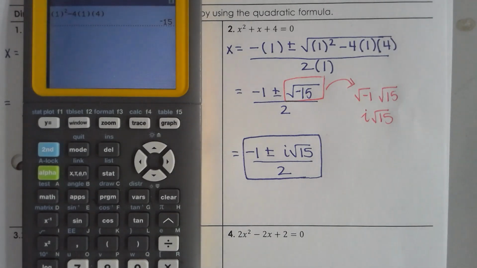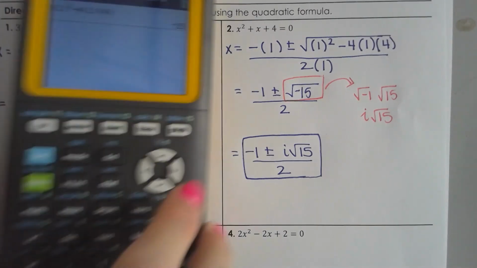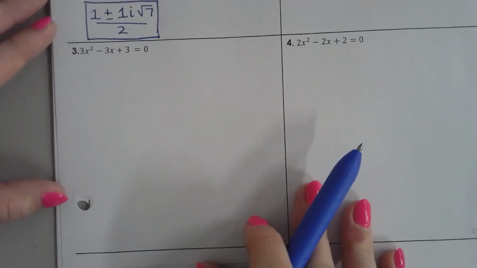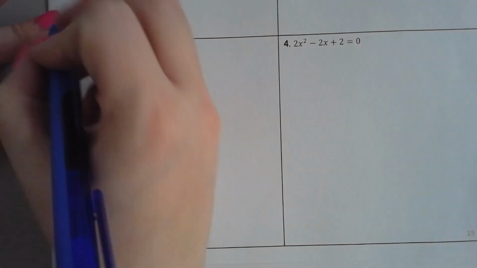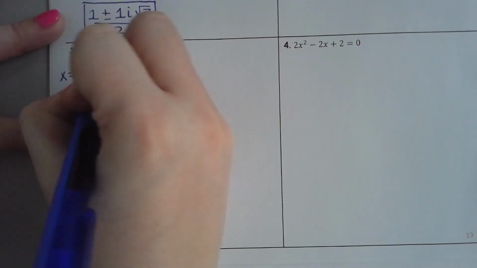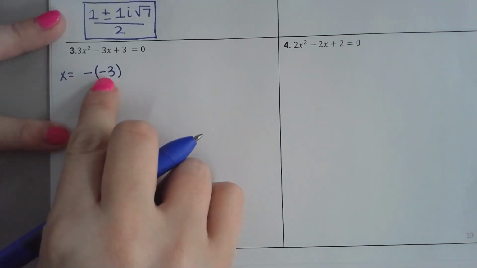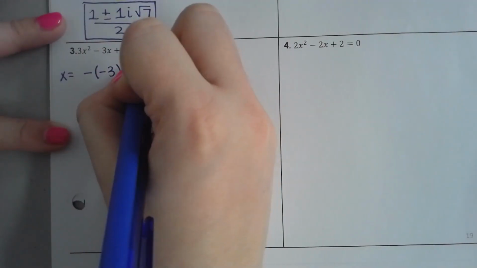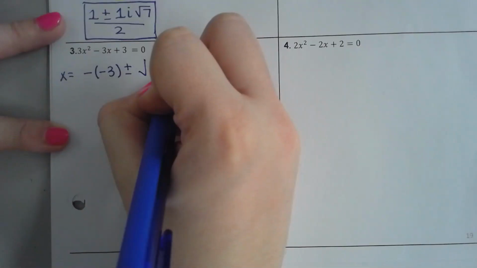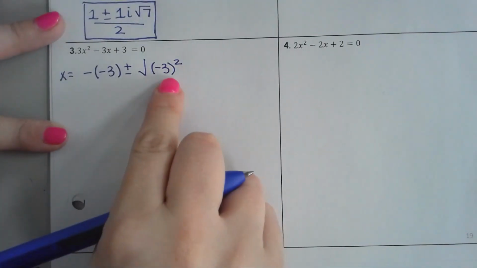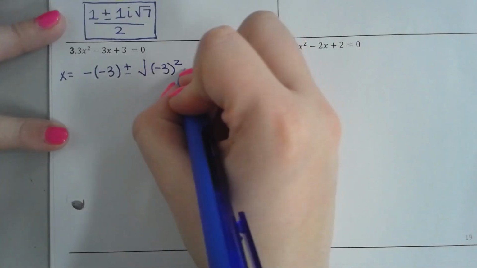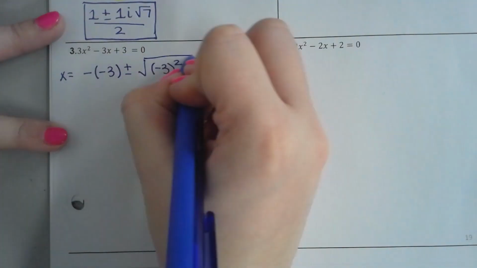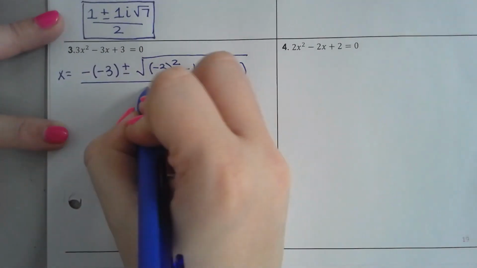Are there any questions? Right. Number 3. Negative, and my b is -3, so we have a double negative here. Plus or minus the square root of b squared, which is my -3 squared, minus 4, my a is 3, my c is 3, all over 2a.